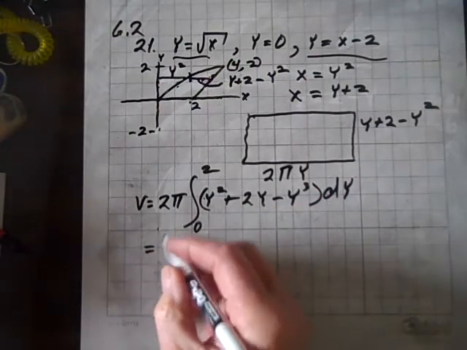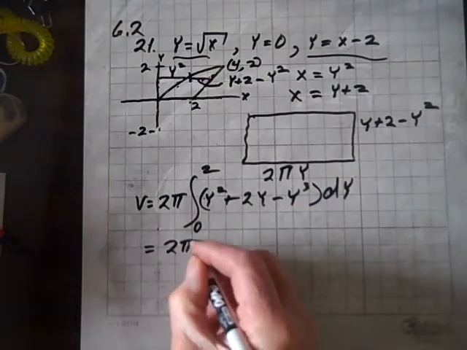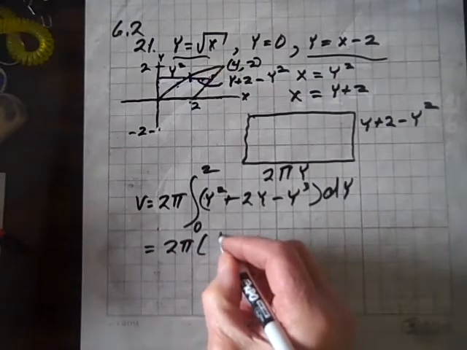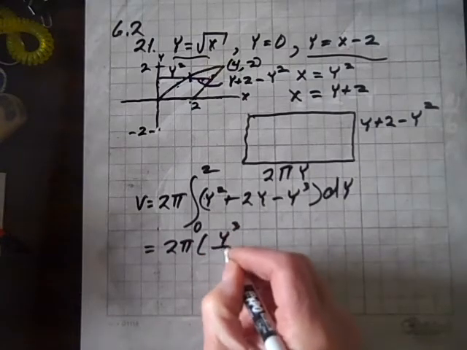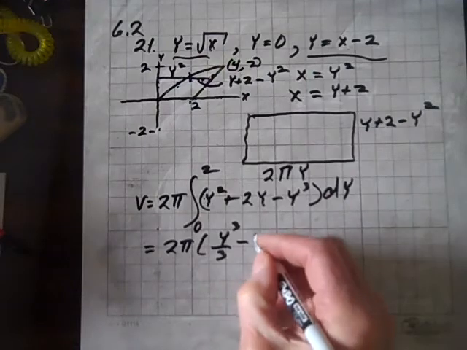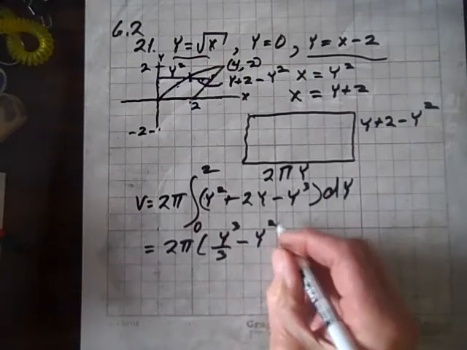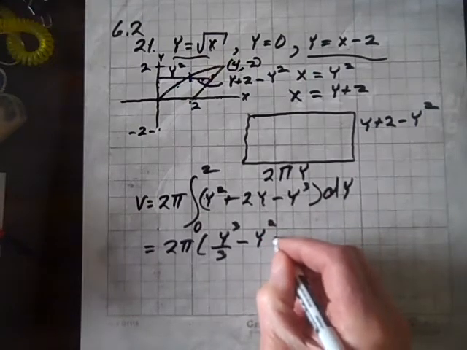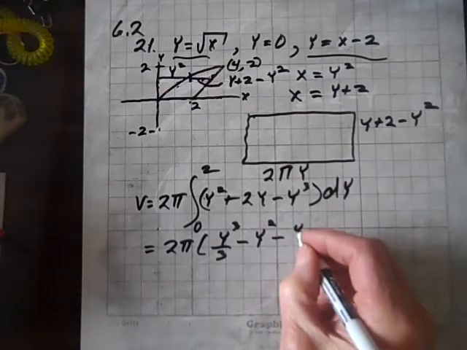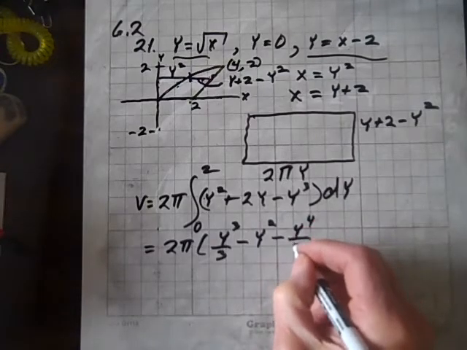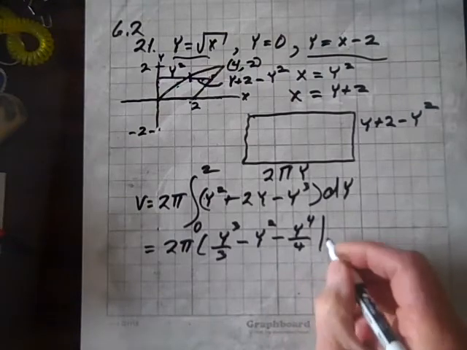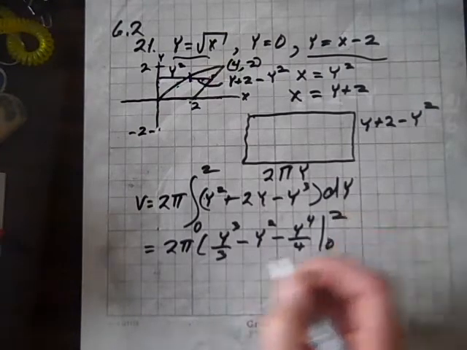So when we integrate that, we get 2 pi, and that's going to be y cubed over 3 plus y squared minus y to the 4th over 4, and we're going to evaluate that from 0 to 2.